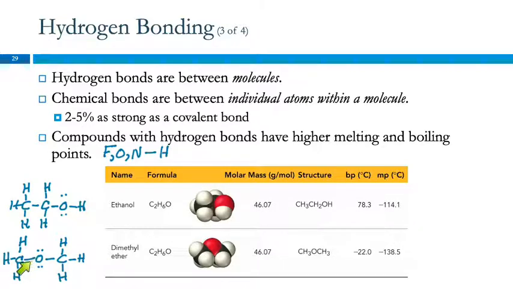Well, these are both polar, and they do have dipole-dipole forces, but the dipole-dipole force on this one is super because of this bond. Oxygen pulls electron density away from the hydrogen, and it does so more than it can do with the carbon. It's kind of hard to explain.